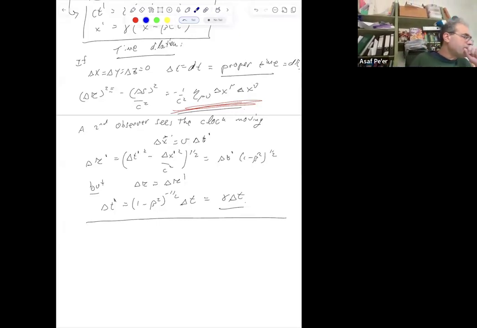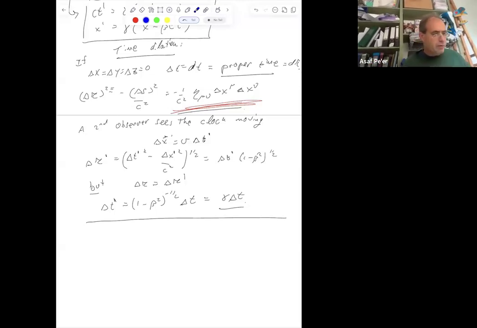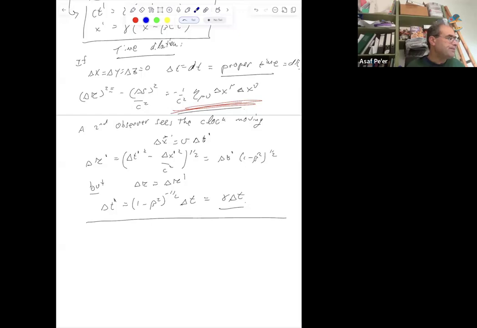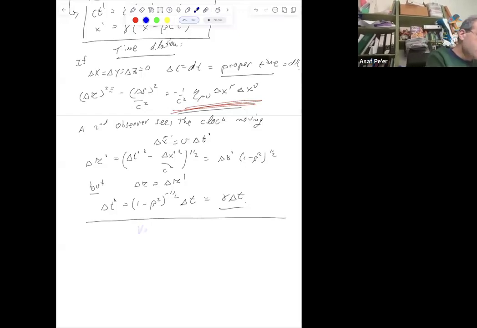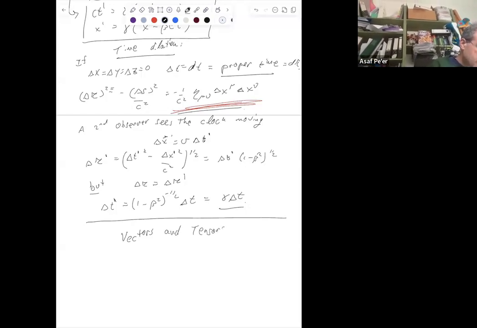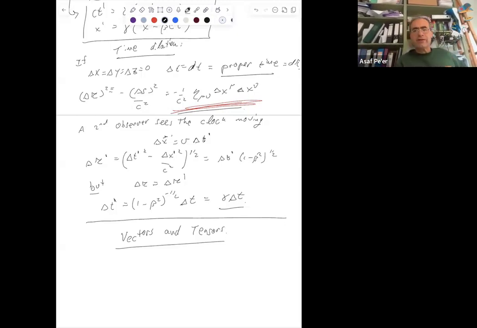We'll see how it goes. So now we're going to speak about math. This is going to take most of the next hour. And the math is called vectors and tensors. We're actually going to talk a lot about them. So this is the starting point of vectors and tensors.